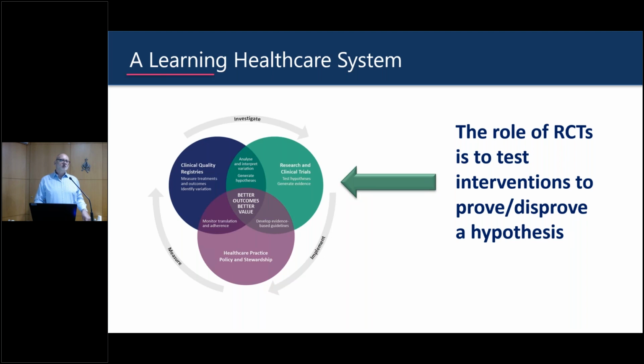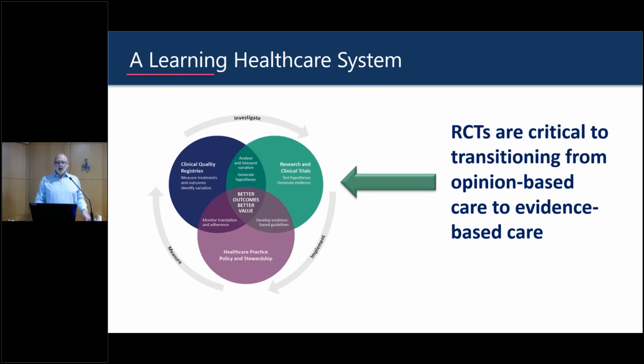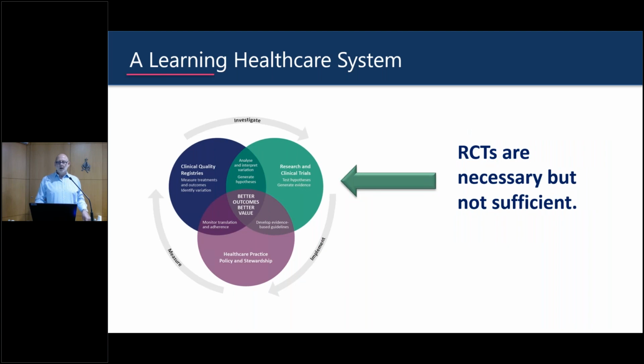The registries also serve as the pump primer of this virtuous circle, because evidence about variation in practice serves as a way of identifying important clinical questions that can feed into randomised controlled trials. And RCTs are then critical to transitioning from where we might have been a long time ago with an opinion-based healthcare system to an evidence-based healthcare system.